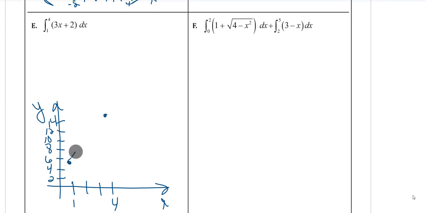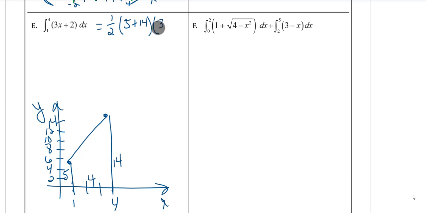So here's my line. And so I have this trapezoid here, that here has a height of 5, here is a height of 14, and it is 3 units wide, so this is going to equal 1/2 (5 plus 14) times 3.